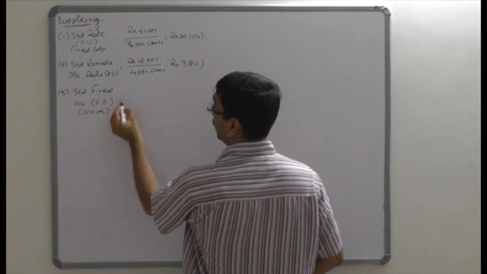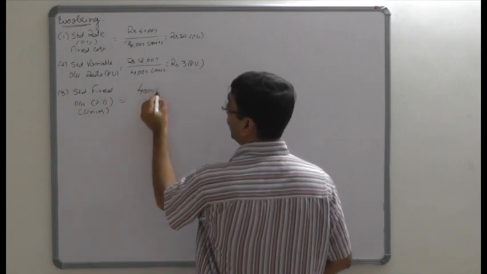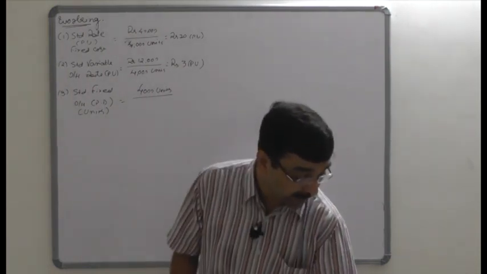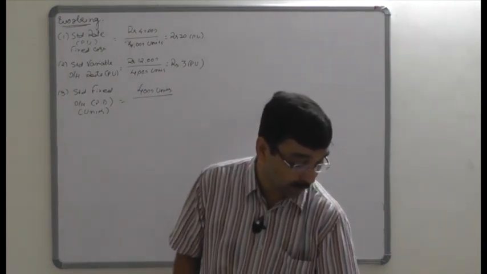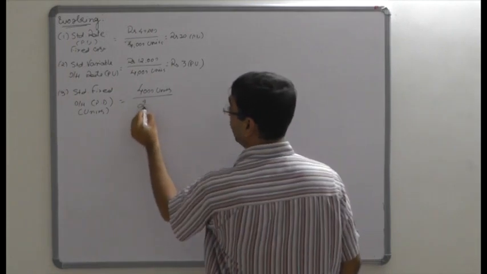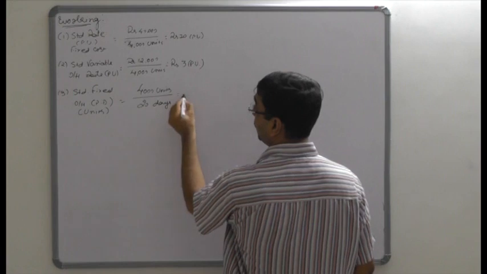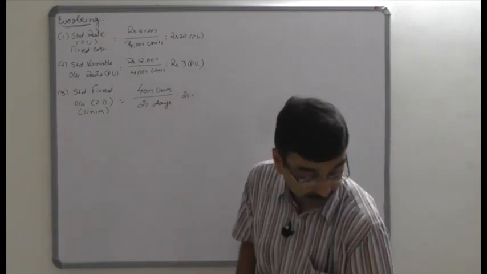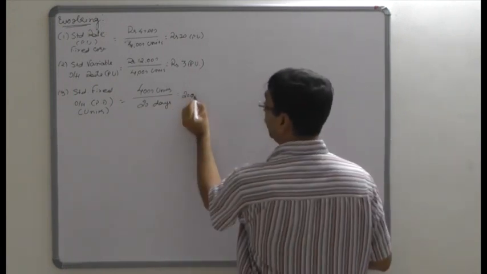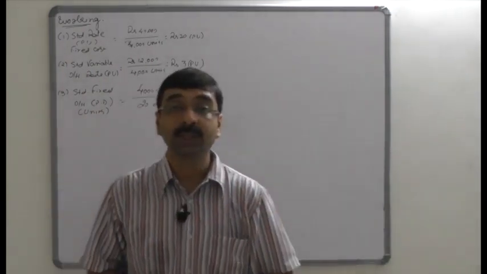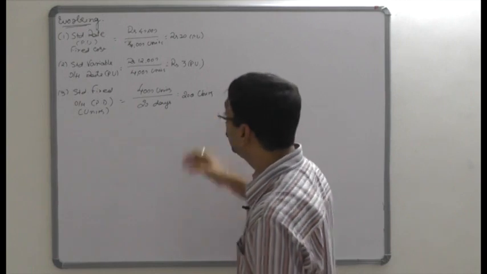Here, how many units are actually standardized? That is 4,000 units. And how many days are actually working? It's standardized at 20 days. So in this way, you have an answer of 200 units per day, because 4,000 units have been used in 20 days, so per day 200 units are required.